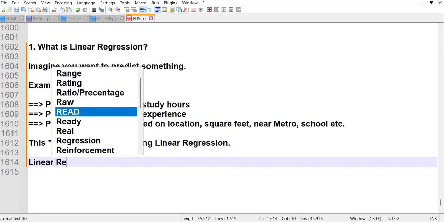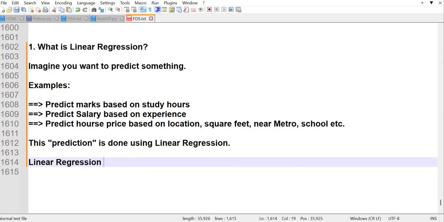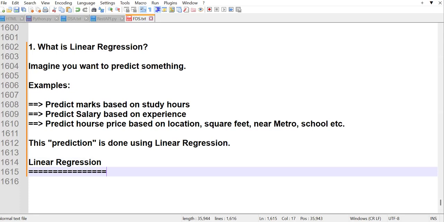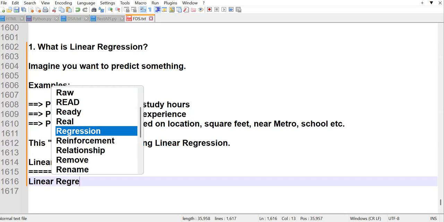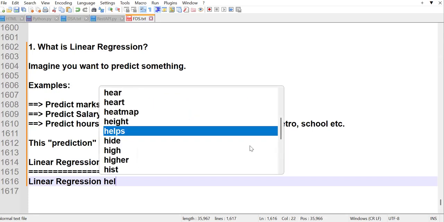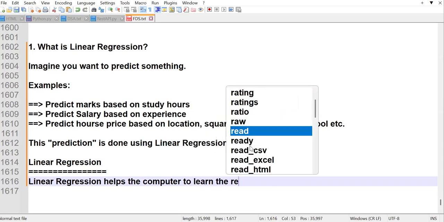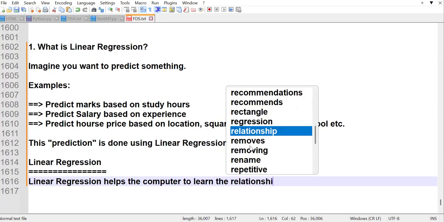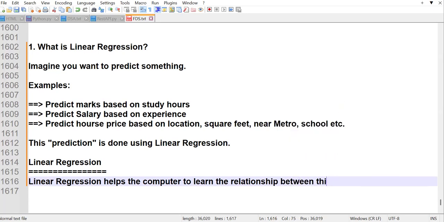Linear regression. So what is the definition of linear regression in a simple way? Linear regression helps the computer to learn the relationship between things.